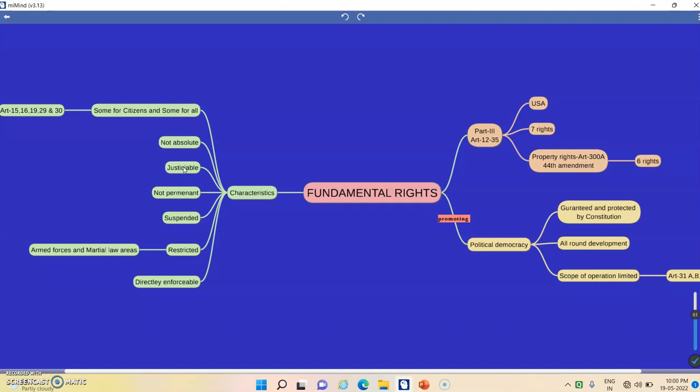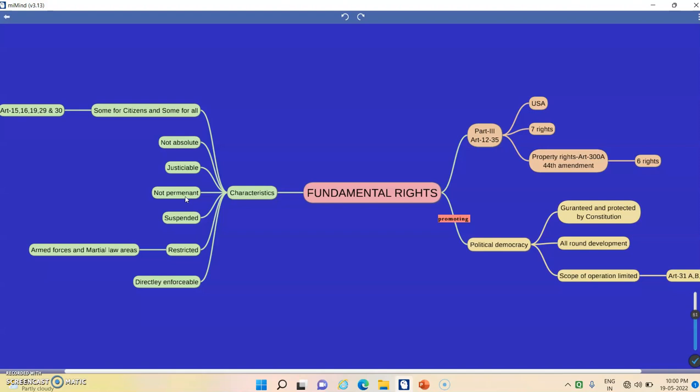The next one is that fundamental rights are not permanent. Why? Because the Parliament can repeal fundamental rights anytime, but only by a constitutional amendment act, not by an ordinary act. Whenever the fundamental rights are amended, it is subject to not disturbing the basic structure of the Constitution.